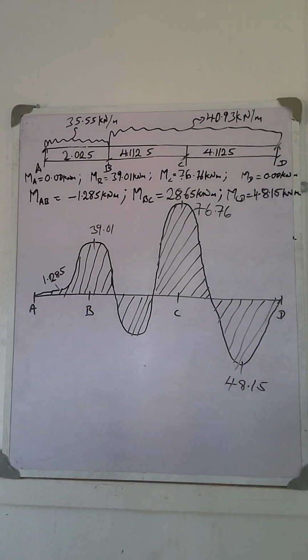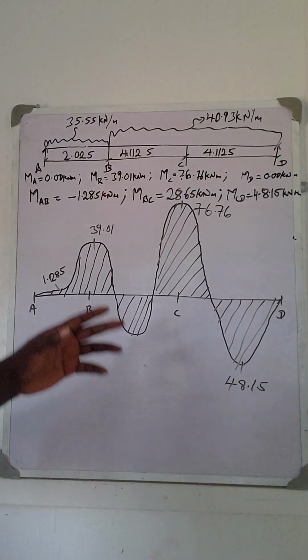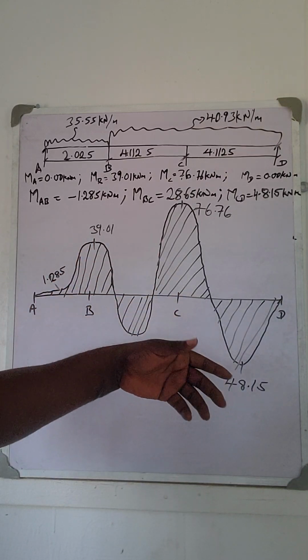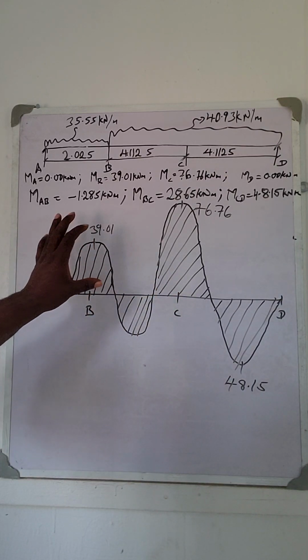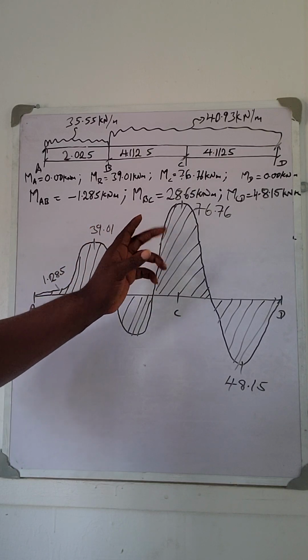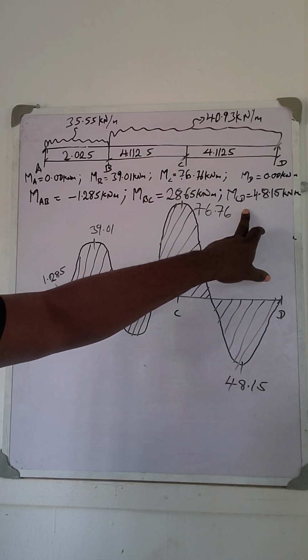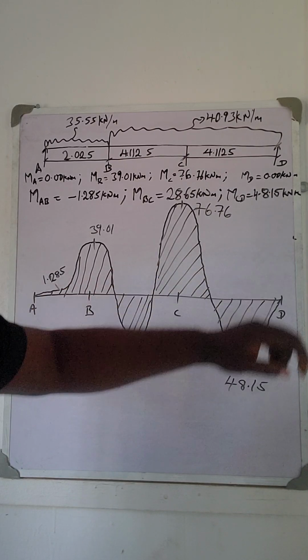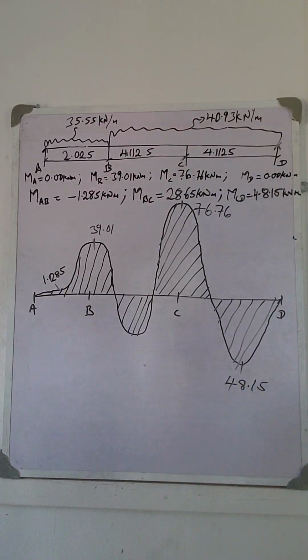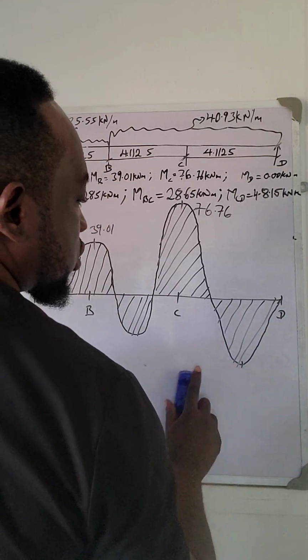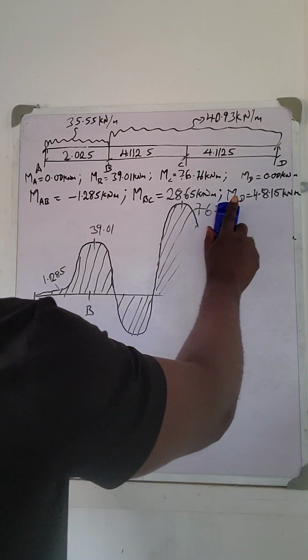So that's it. The next step now is to design. I have said before, when I'm designing for support moment, I will use the maximum moment. For the sake of this class, when I'm designing for span moment, I will use the maximum span moment. So let us first of all solve for the support moment.